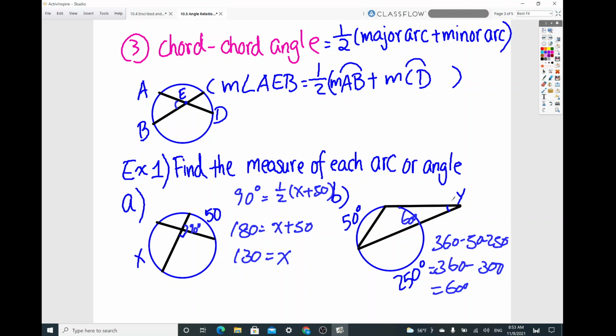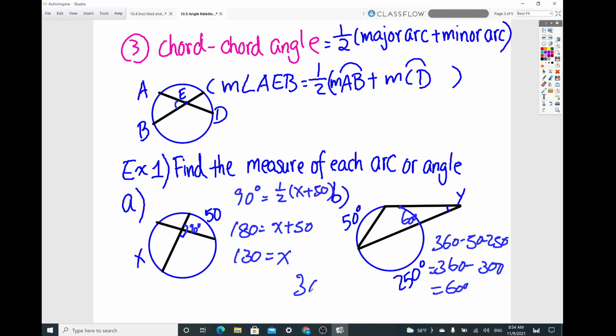So external angle, in order to get the measure of angle Y, using the external angle theorem, it's the major arc minus the minor arc. So this one, the major arc would be, right here, 50 plus 250, because that's being bounded with the tangent and the secant.